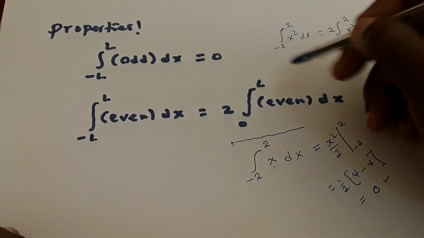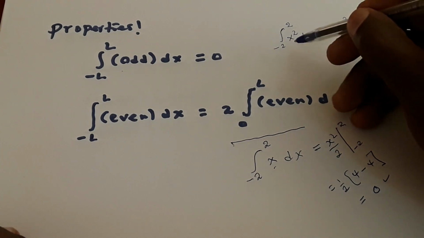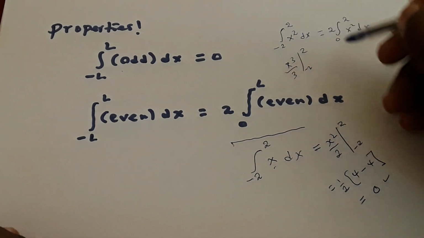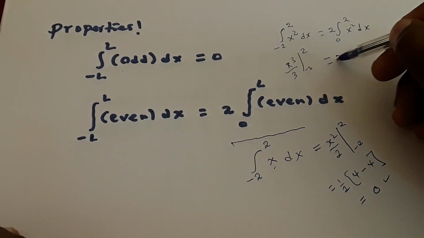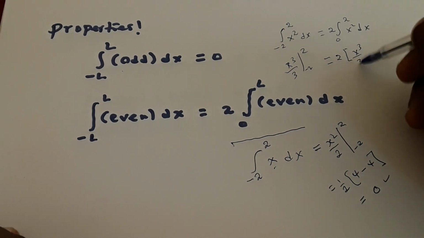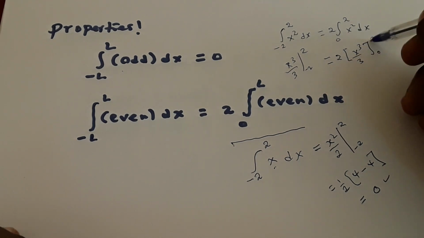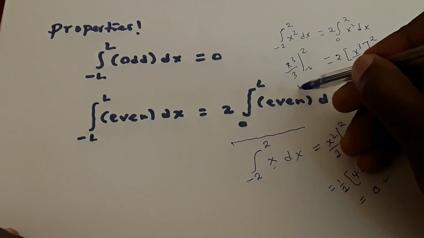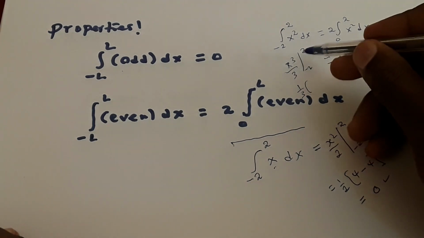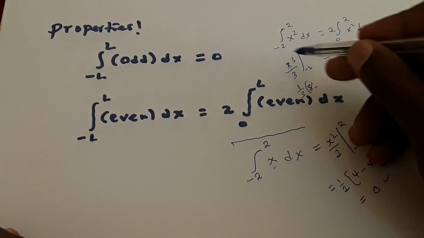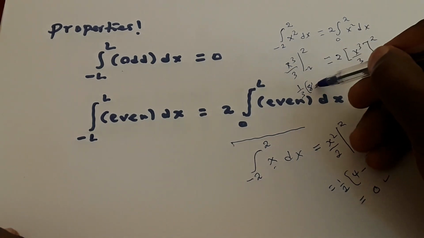Now let's compute individually. The integral of x squared dx is x cubed over 3, evaluated from minus 2 to 2. Then we will compare which one is very simple. Then x cubed over 3 from 0 to 2. Here we have 1 over 3, then x at 2 is 2, cubed is 8, minus x at minus 2 is minus 2, minus 2 to the power of 3 is minus 8, so it becomes plus 8.